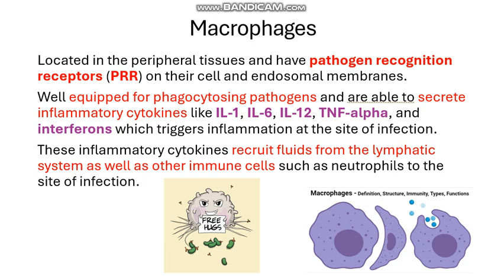Macrophages have pathogen recognition receptors on their cell and endosomal membranes, and when these receptors pick up antigens produced by the pathogens, it can stimulate an innate immune response.